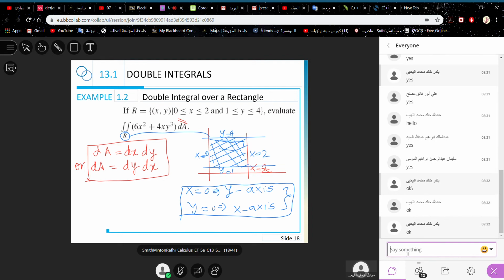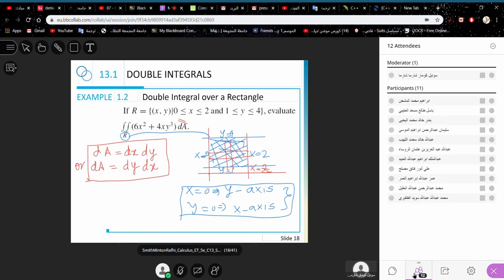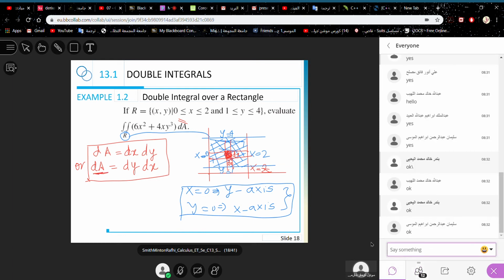dA means the area of a small element. For example, this is the small element. So if this is dy and this is dx, the area of this element is how much? You know, area of a rectangle is length times width.